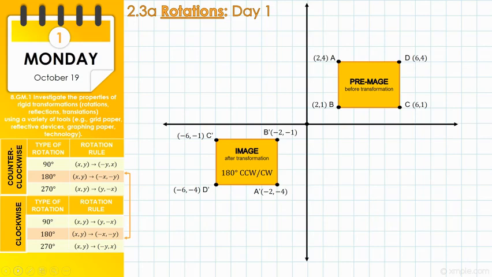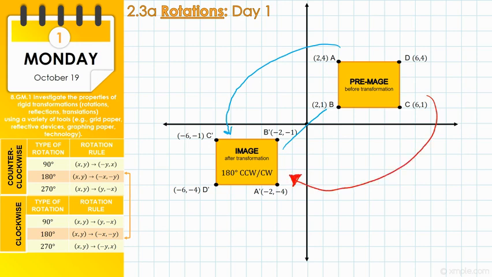So for 180-degree rotation, it does not matter if it's clockwise or counterclockwise. The image ends up in the exact same spot. 2 quadrants away.